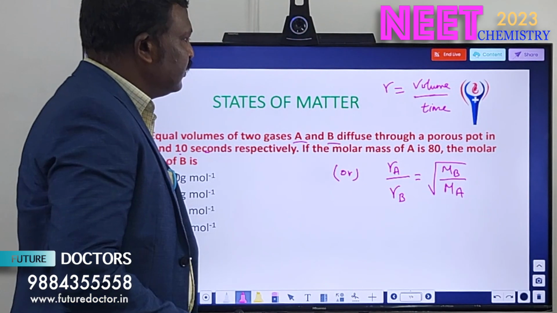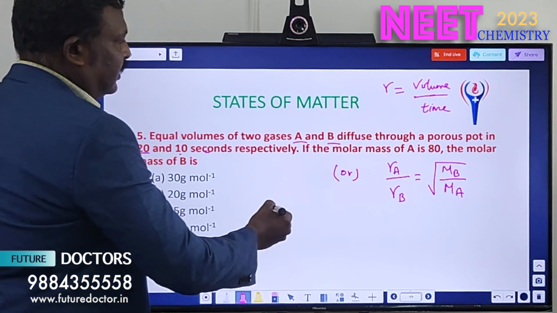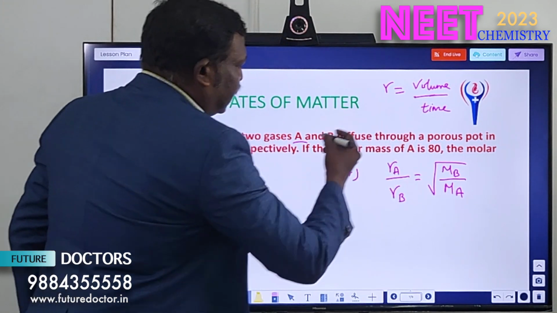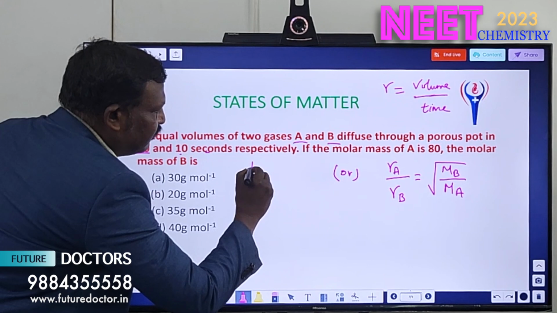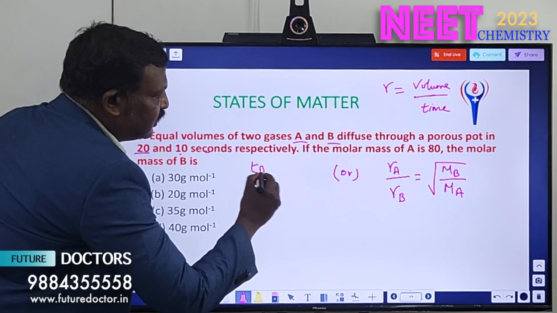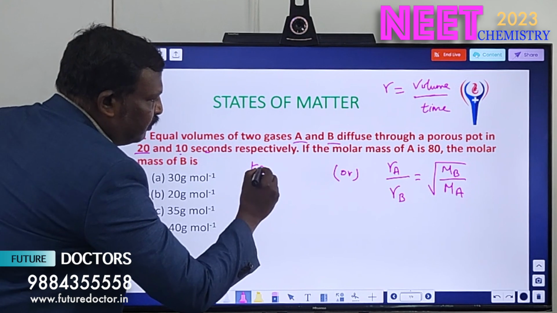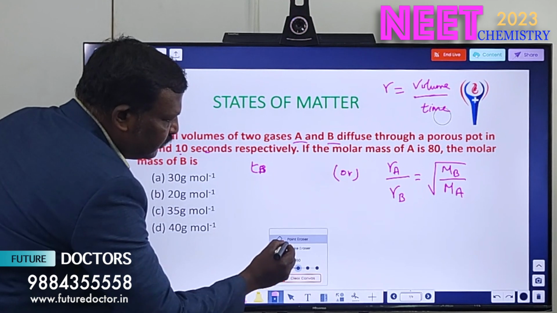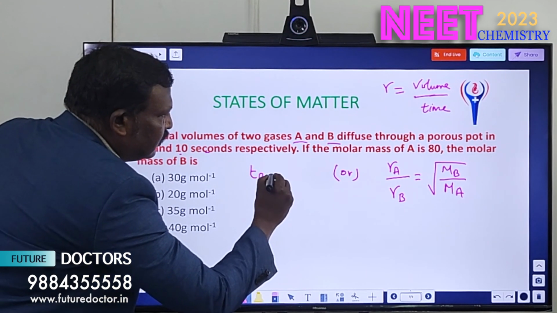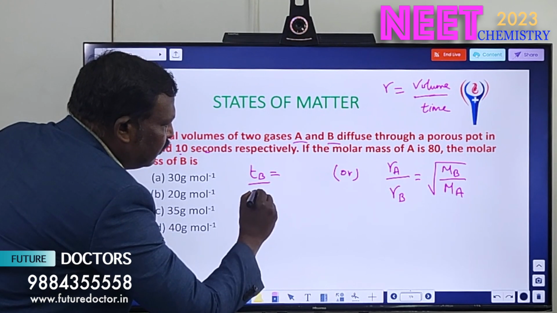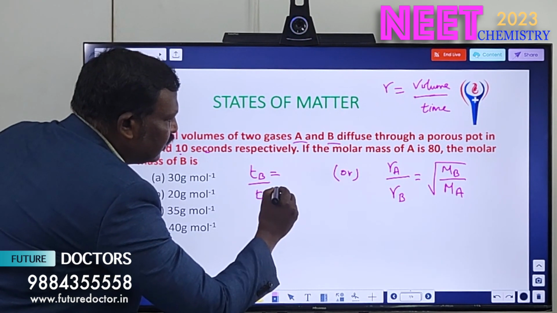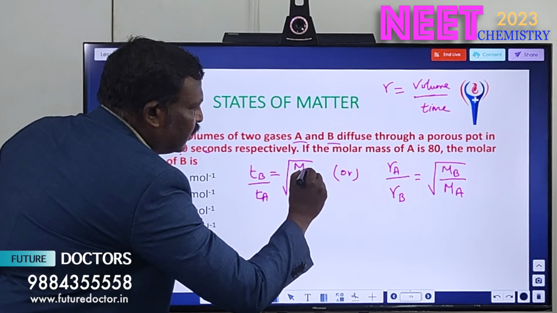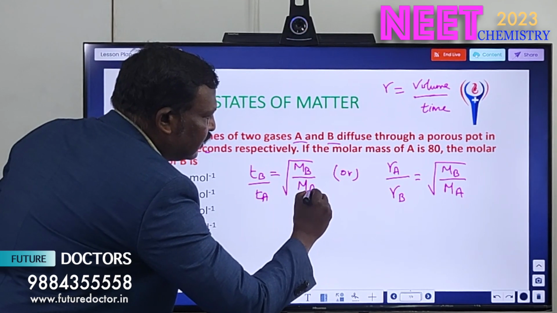Now the same formula I'm going to write in a different way. Rate of diffusion and molecular mass are inversely proportional, but for time, the formula is time of B by time of A equals the root of molecular mass of B by molecular mass of A. Understood?